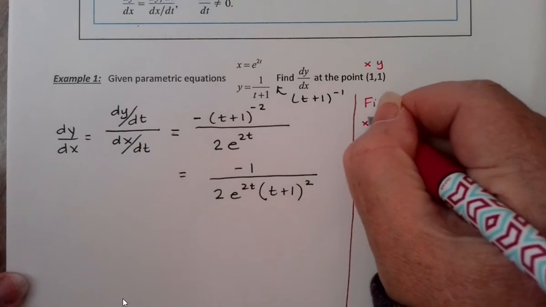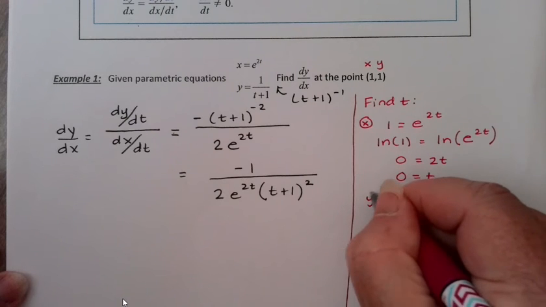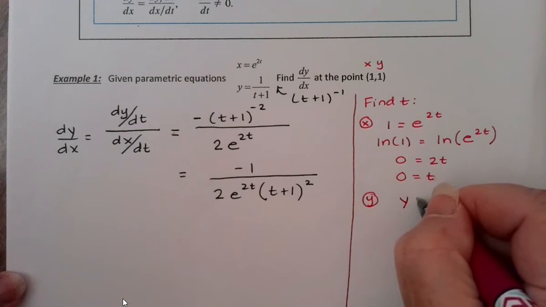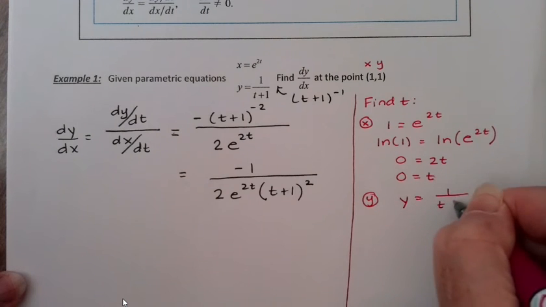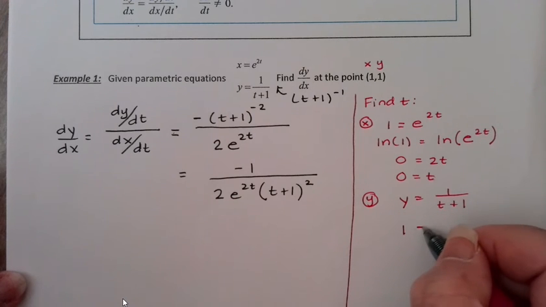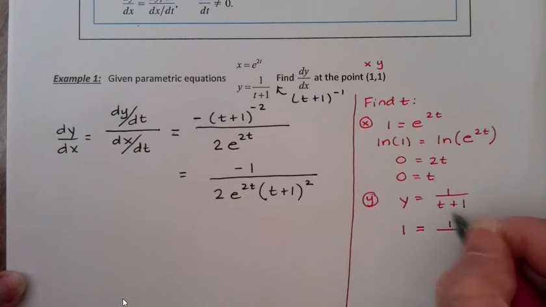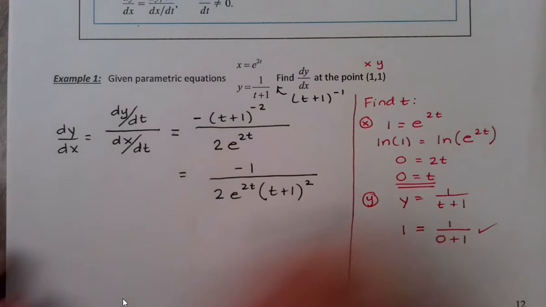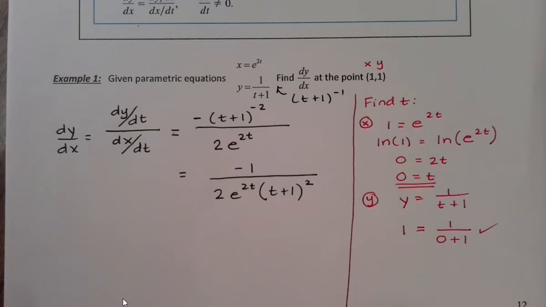So this was my x equation. I can check in the y equation, y equals 1 over t plus 1. My y value is 1, and we were projecting the t was 0. And notice that 1 is equal to 1 over 1, so it checks. So we're going to go with t equals 0 here.